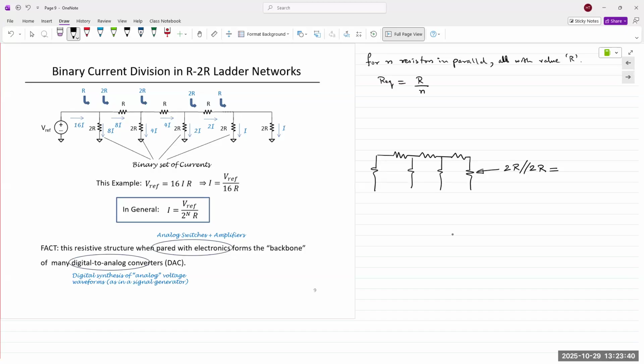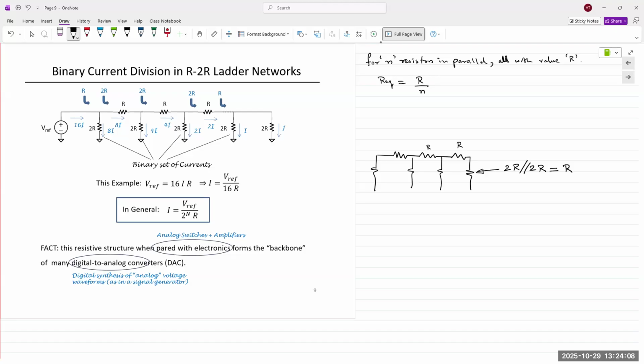If you have two resistors in parallel, 10 ohms each, Req is 5. If you have 10 resistors in parallel, all with a value of 10, Req is 1. It's simply the resistance divided by the number of resistors. So 2R and 2R in parallel gives us an equivalent resistance of R.